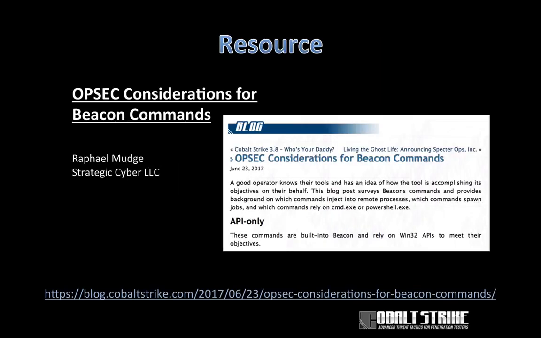If you're curious for a more comprehensive list of which Beacon commands inject into a process and which ones spawn post-exploitation jobs and take advantage of process hollowing, I recommend you read OPSEC Considerations for Beacon Commands. This particular blog post breaks these things down for you.